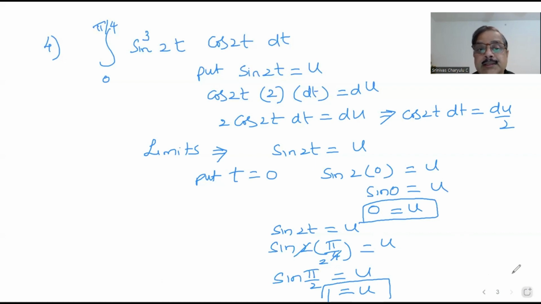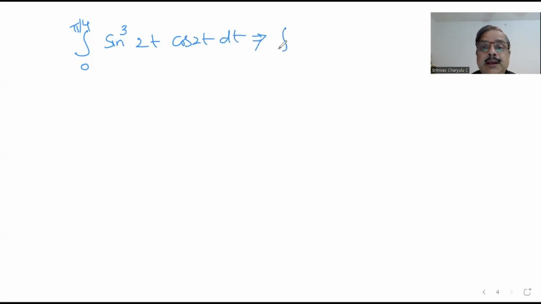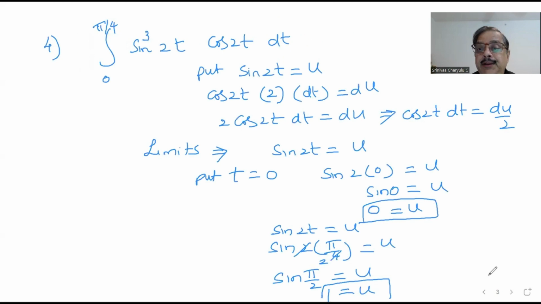We'll write down clearly this sum. Integral 0 to pi by 4 sin cube 2t cos 2t dt has now become integral 0 to 1 u cube du by 2.